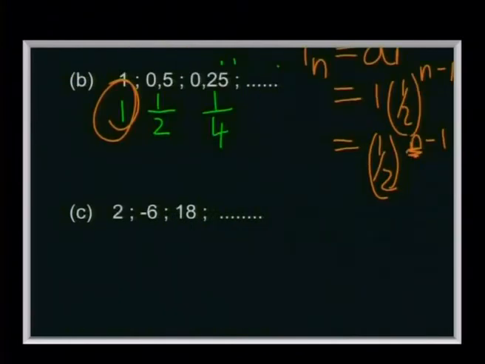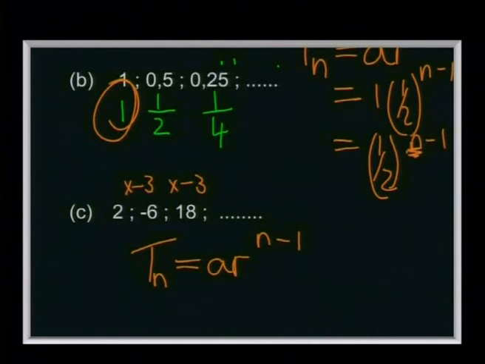It looks like it's again a number pattern that's alternating between positive and negative. So multiplied by negative 3 and multiplied by negative 3. Definitely geometric. And our general formula is Tn equals ar to the power n minus 1.